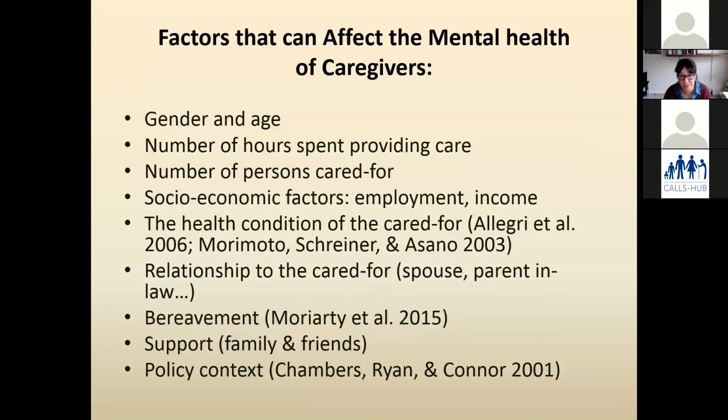Bereavement in combination with caregiving was found by Moriarty and others in a recent study to be related to mental health. Support networks, and also the policy context, whether there's respite care, whether caregivers are actually informed about policies that might help them, are also strongly related to their sense of well-being and mental health.